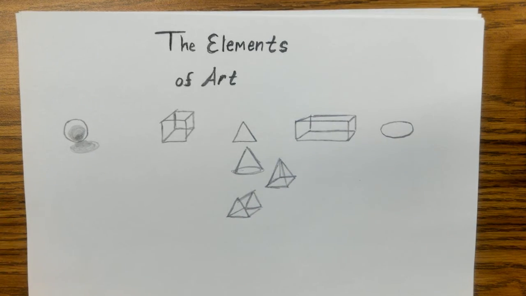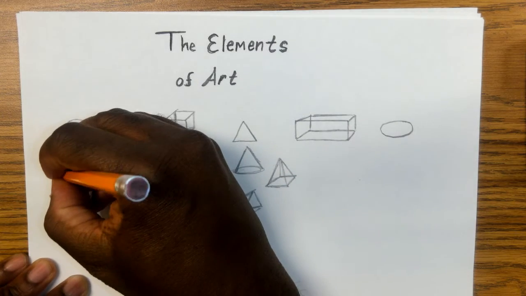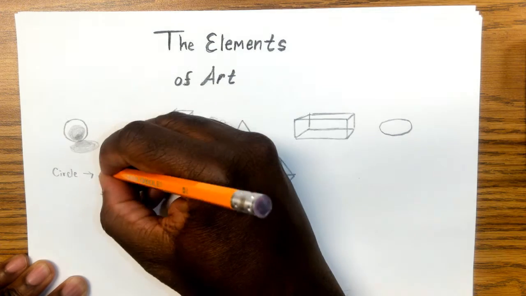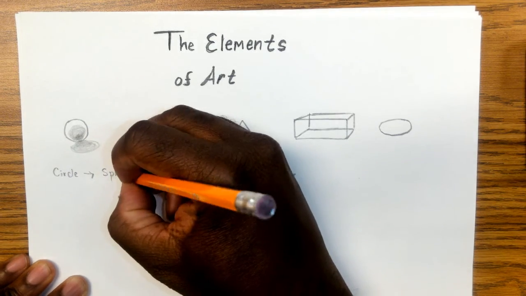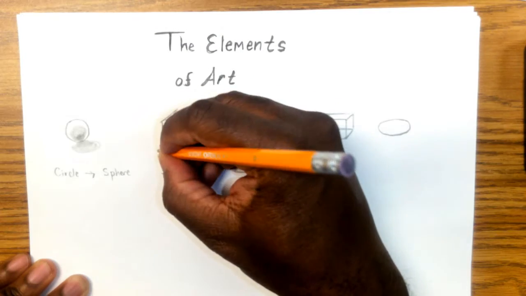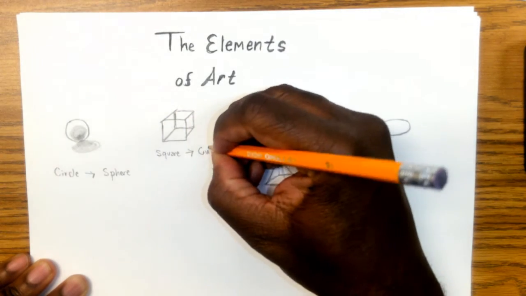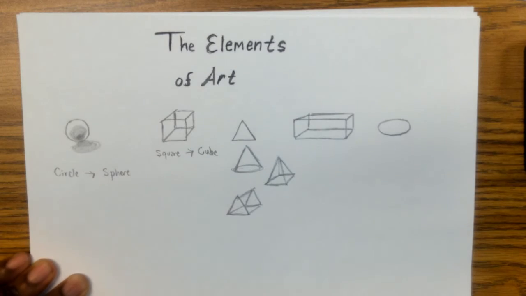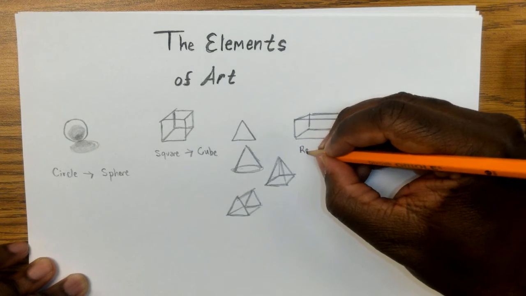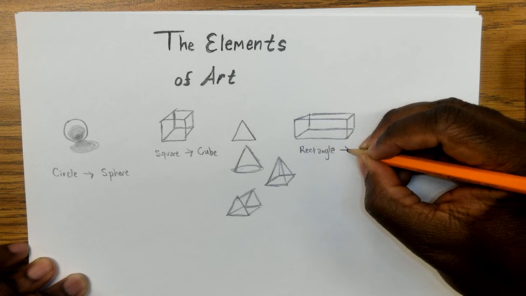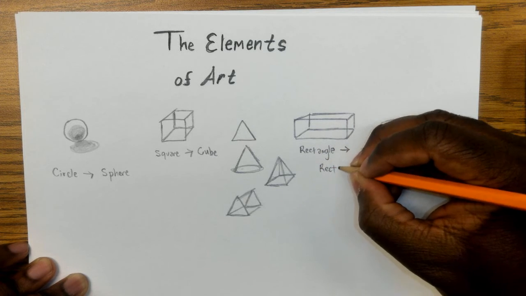In this case, we don't call them circle, square, triangle, and whatnot. This goes from a circle to a sphere. This goes from a square to a cube. Over here we go from rectangle to rectangular prism.